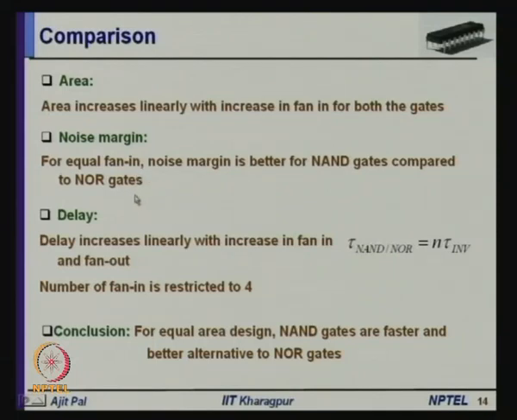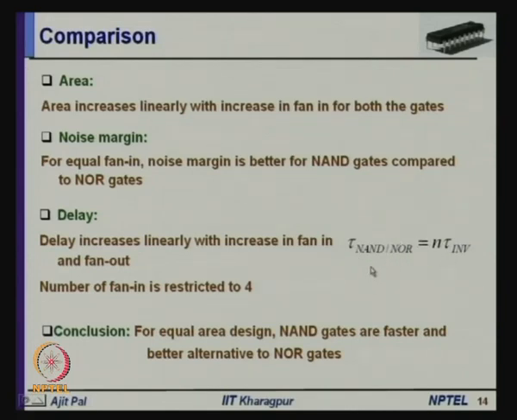In that case, we considered minimum area. What about delay? Delay increases linearly with increase in fan in and fan out, and for NAND and NOR gates, with respect to the inverter, it is proportional to n, where n is the fan in of any NAND or NOR gate.